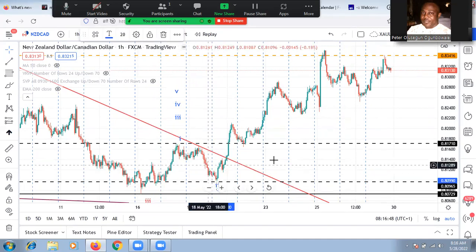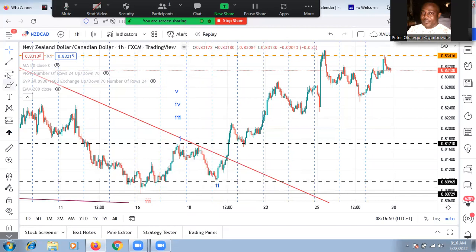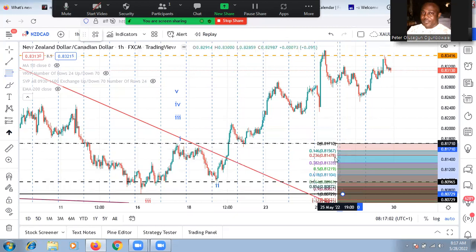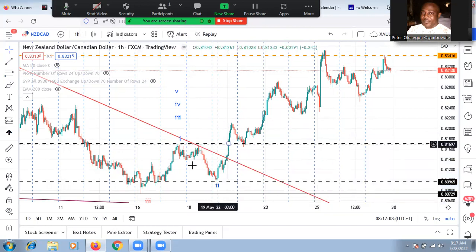So, does it correlate for 2? I've been on this trade right from this point, this level. Does it correlate with the 2? Yes, 76.4. It's actually a 2. Now, that 76.4 is a 2. Now, when would I say this trend is completely broken?